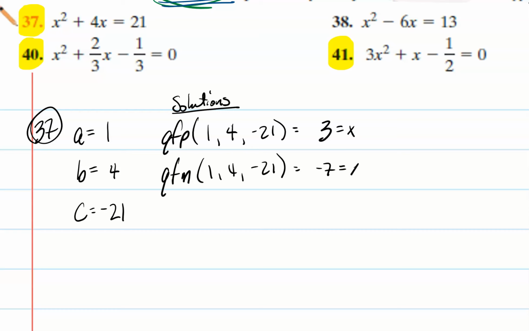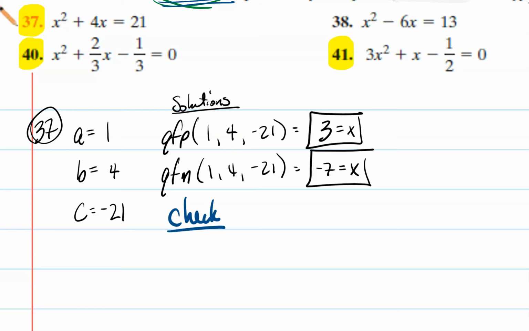Now what does that mean again to say that these are solutions? Well, we know that they are x-intercepts, we know that they're roots, we know that they're zeros. These are all the same names. But how do I know that 3 is the solution for x and -7 is a solution for x? Well, we know that they're solutions if the left side of the equation ends up equaling the right after we make these substitutions.